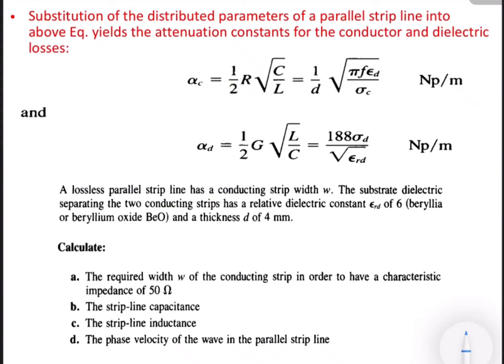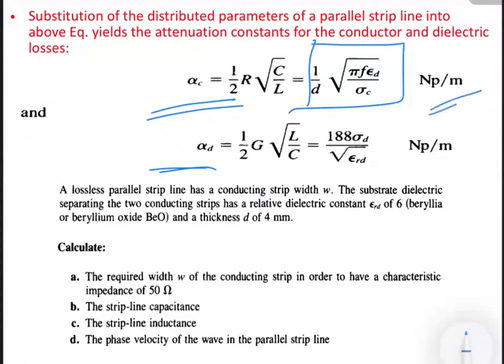So by substituting the distributed parameters of the parallel strip line into the equation, we get the final attenuation constants for conductor and dielectric loss. For conductor loss it is alpha C, and for dielectric loss it is alpha D. So alpha C is equal to 1 by D into root of pi F mu divided by sigma C Nepers per meter.